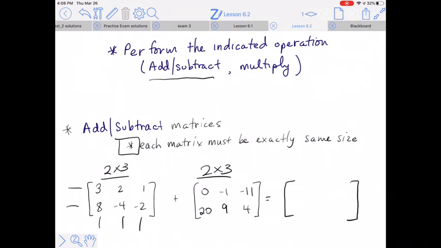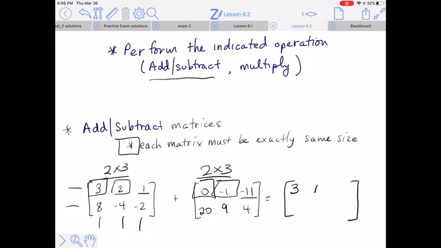And each entry in the matrix is going to be a result of adding individual entries. So this entry plus that entry, 3 plus 0 is 3. And then this entry plus this entry, 2 plus negative 1, for example, is 1.